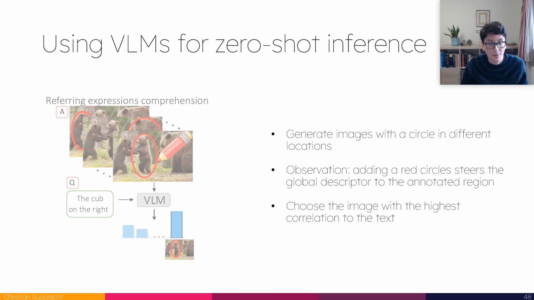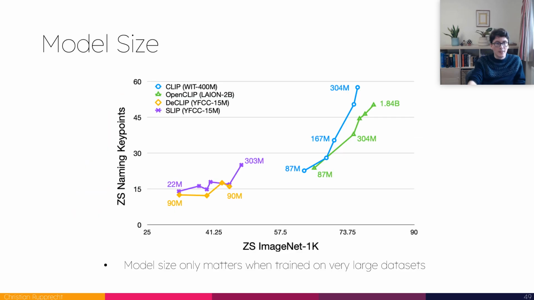And that is quite interesting because it seems like adding these red circles to the image steers the embedding space of CLIP. And looking at how well this works for different models, we find that models that have been trained on larger data sets, so on the right you see models trained on LAION and on WIT, which is 400 million data, seem to respond much better.